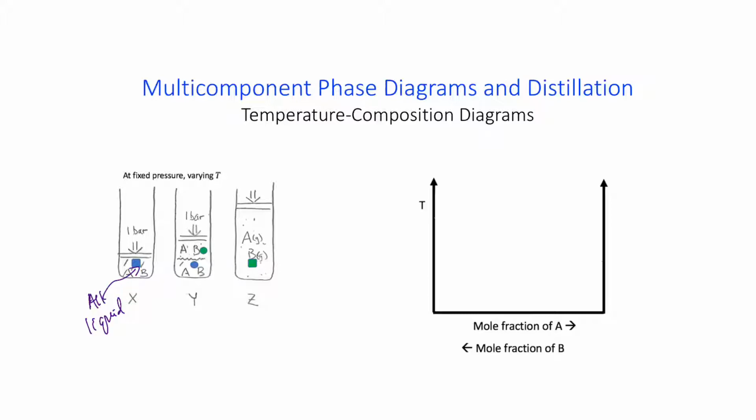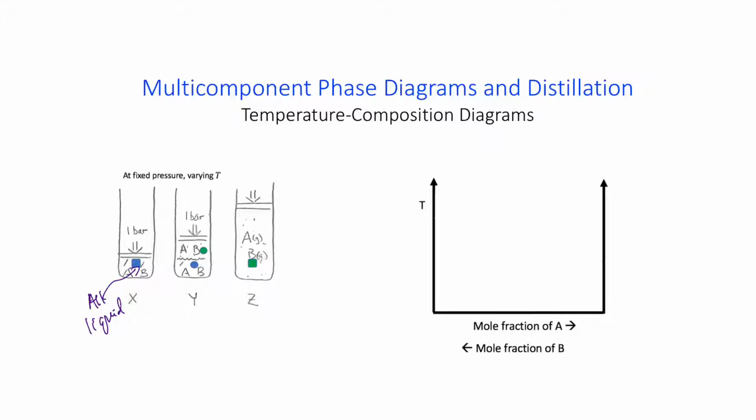Then we're going to have some portion of our mixture that is in the vapor phase and another portion that is in the liquid phase. The green circle will indicate for us the vapor phase of our mixture of A and B, and the blue circle will indicate the liquid phase of our mixture of A and B.